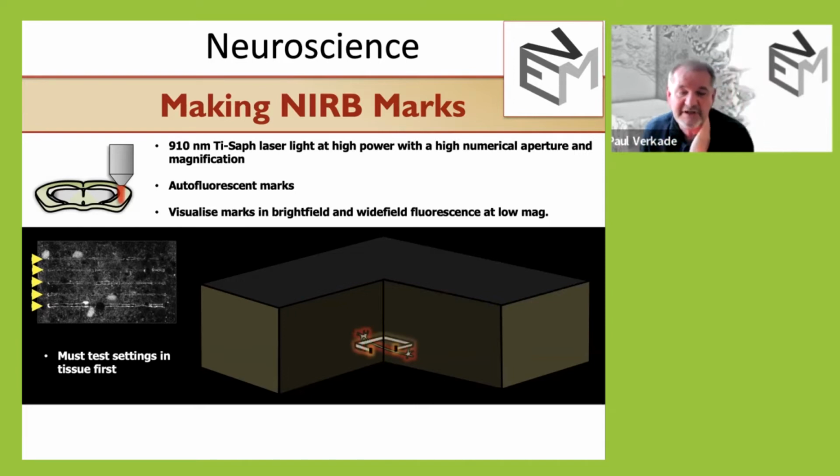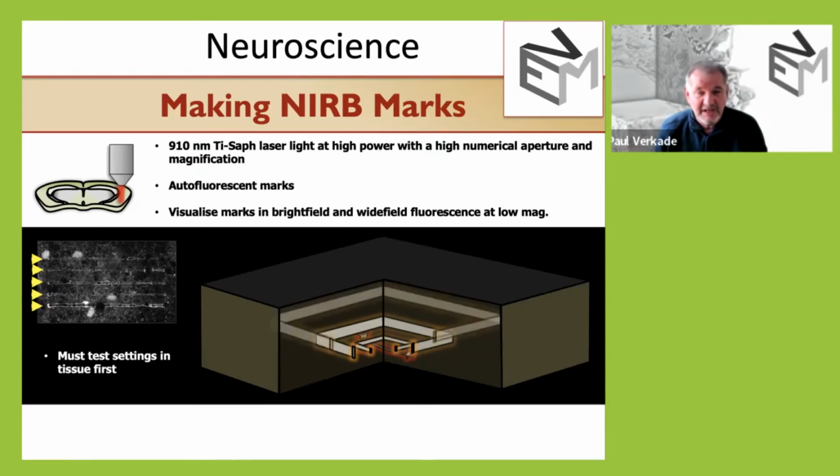So what we do, we have our neuron of interest, and then we basically burn marks inside that neuron of interest. What we do then is we go up a bit and we make a larger structure around it, burn another structure in there, and then we go up.